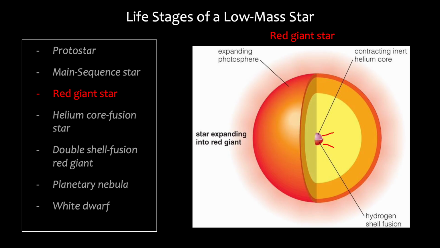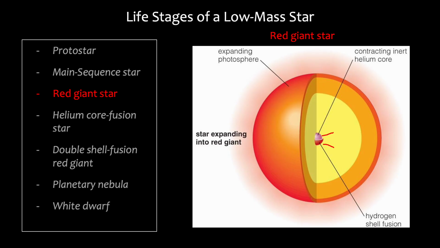This shell burning will continue to dump even more helium onto the core, because the sun is still doing the burning. The core and shell continue to shrink and heat up, and the star is becoming larger and more luminous, meaning larger and cooler, and this continues.